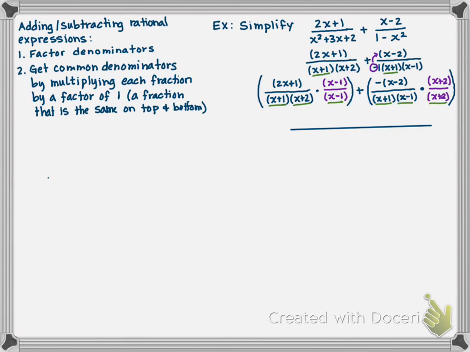And when we get common denominators, when we add them, we keep that same common denominator, right? So we're going to add the numerators, or subtract, depending on the problem, and we keep that common denominator.